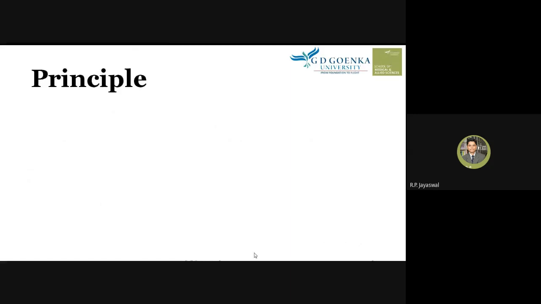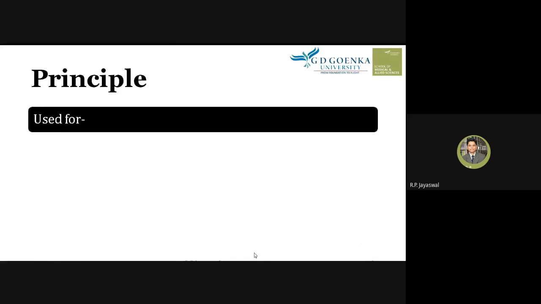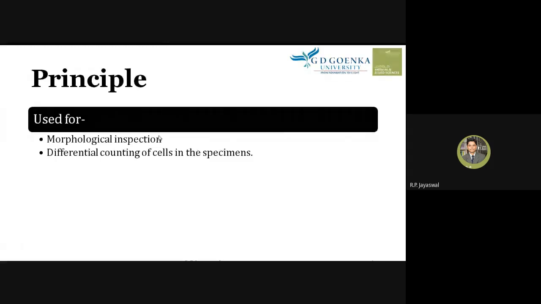The principle of this test is used for morphological inspection. If you want to see the morphology of the cells, whether it is smaller or larger, or if you want to see the nuclear properties, nuclear size, the nuclear to cytoplasmic ratio, so that morphological inspection we can do by doing this procedure.